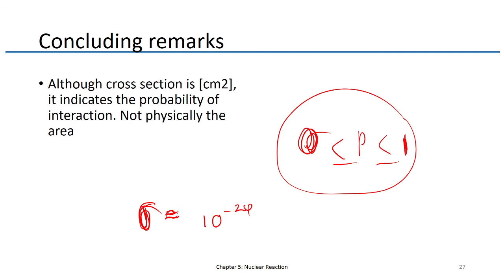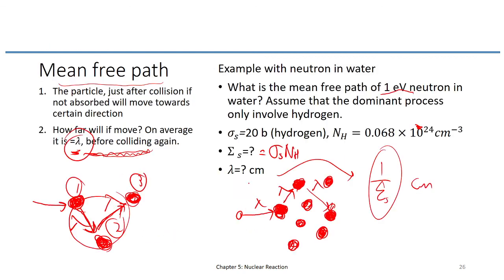So it's a very small probability, which is why the density of the target nucleus also contributes to the reaction rate.